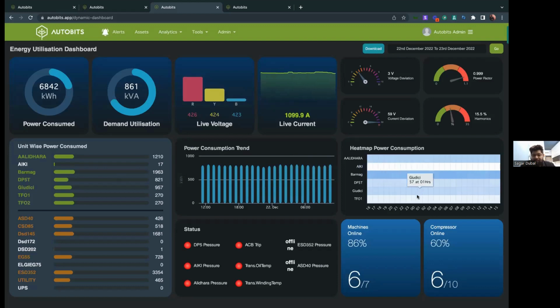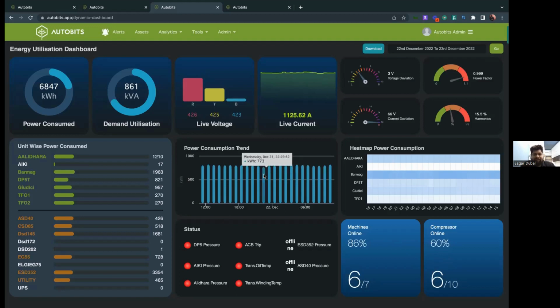I know that this Barmak machine is utilizing the most power. Then Alidra is there. Then these two machines. These two machines are offline. I can see 86% of our machines are online. Out of 7 machines, 6 are online, and my compressors and utilities are 60% online. I can see 6 are online out of 10.